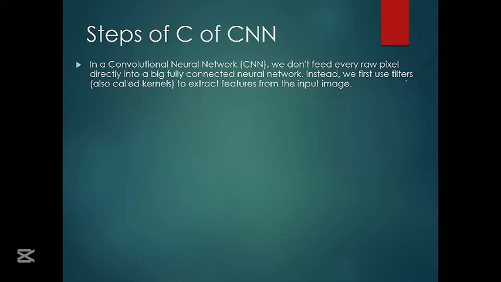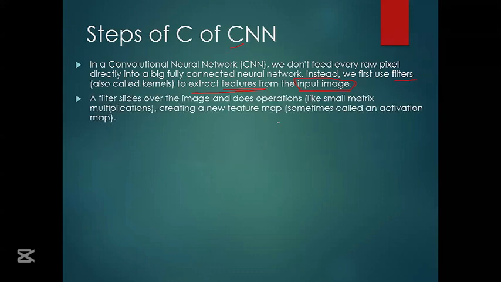Instead, we first use the filters to extract the features in the input image. In the plain NN, I said we use all the pixels as input, but in the convolutional neural network, we extract the features to insert into the neural network.